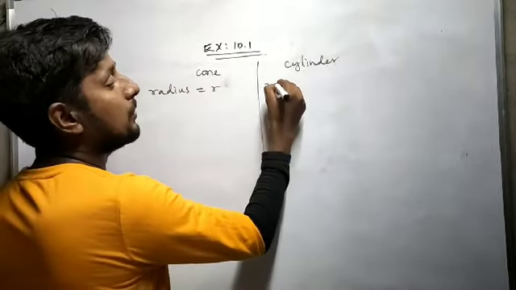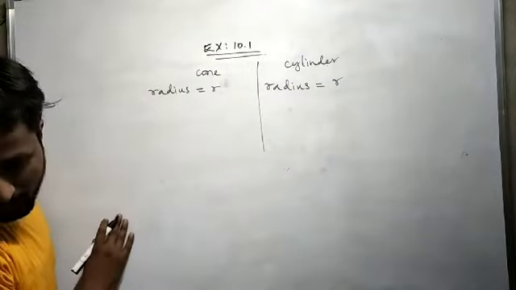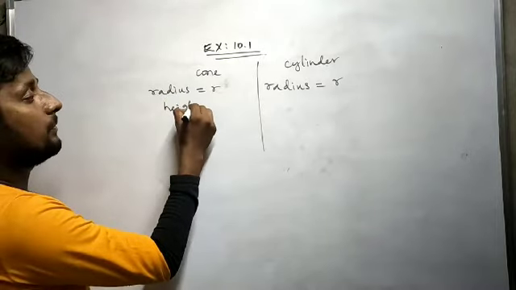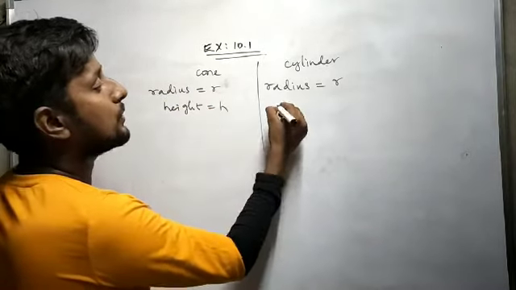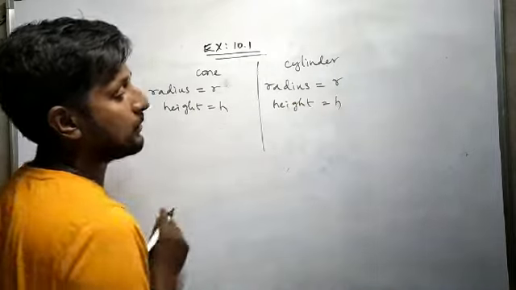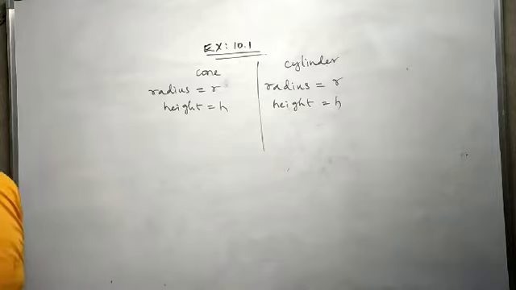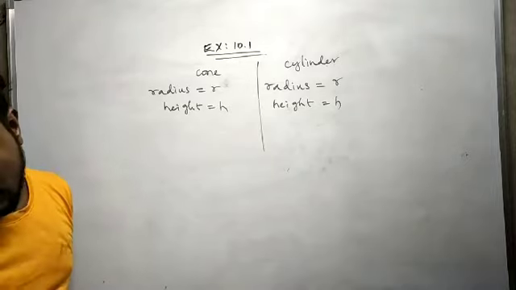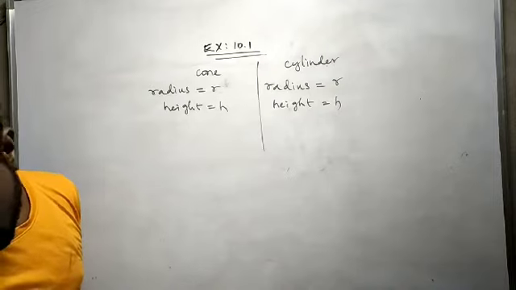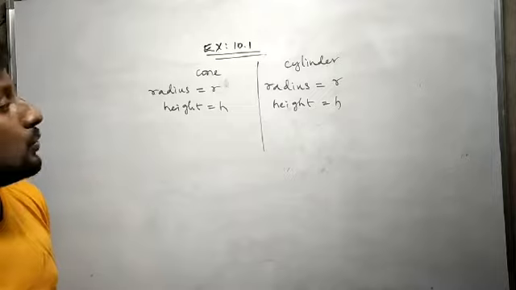So the radius is the same, and equal heights also. Height h is also the same. So that's why I'm writing same r, same h. And now find the ratio of their volumes, and show that the ratio is 3:1.